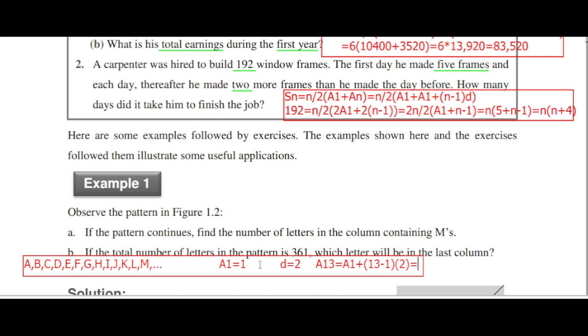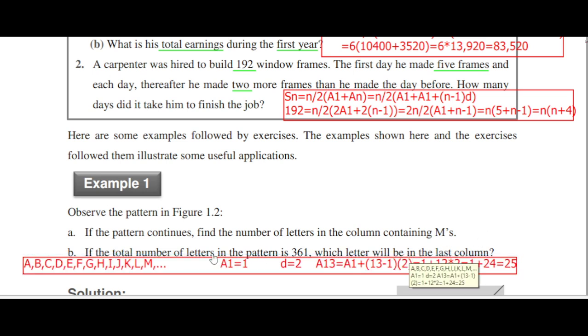So this is equal to 1 plus 13 minus 1, 12, times 2, which is 1 plus 24, 25. So the number of M's will be 25. 25 times it exists. This is for question number A.